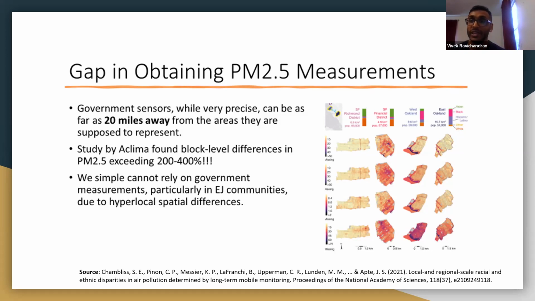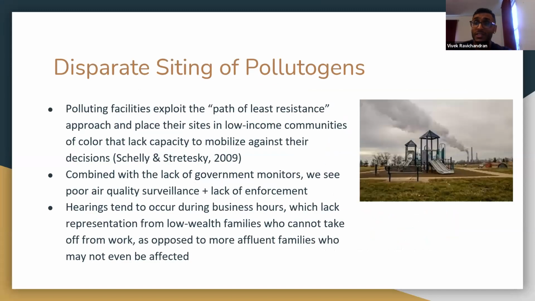So you could be living in one city block. Someone who's within walking distance of you could be exposed to 400% higher air pollution. So that really emphasizes the need for hyperlocal monitoring and why we simply cannot rely on existing government monitors to collect data for us. So that's really the exigence behind air quality monitoring.